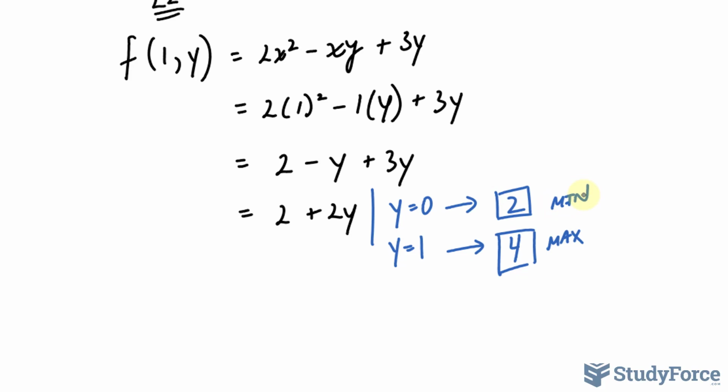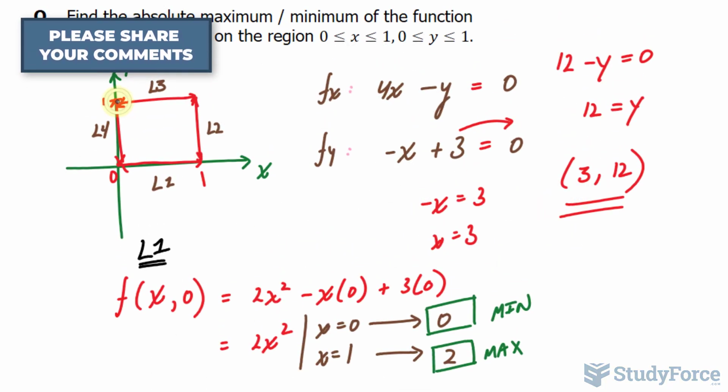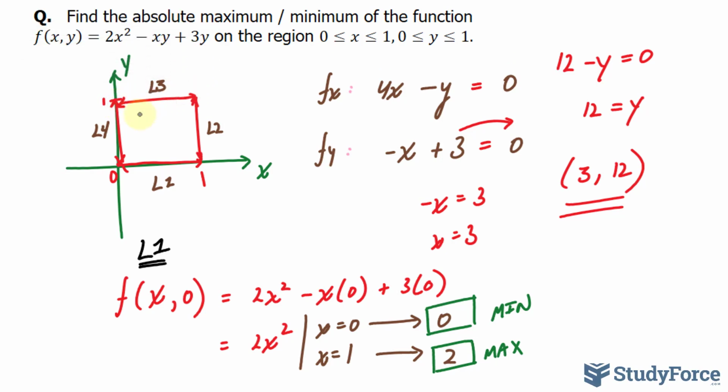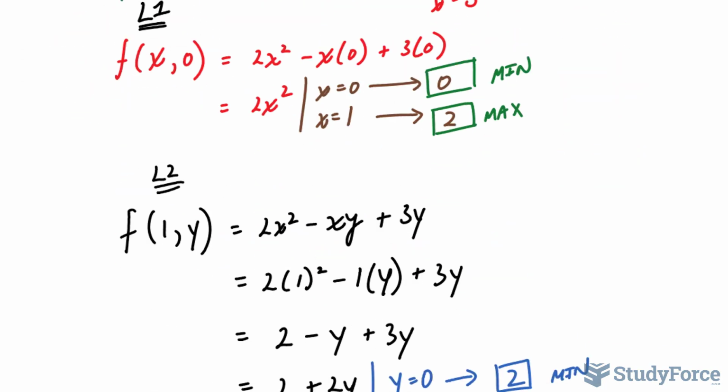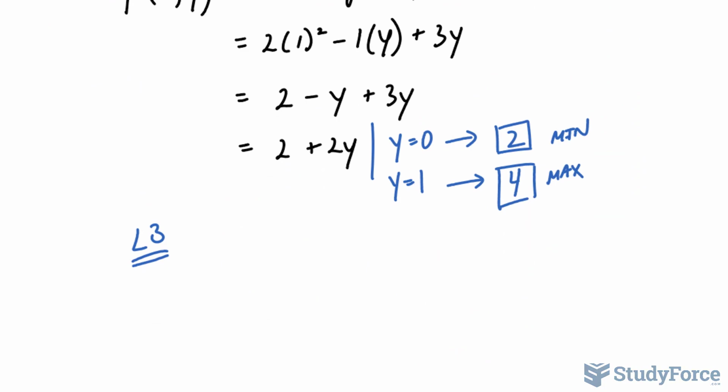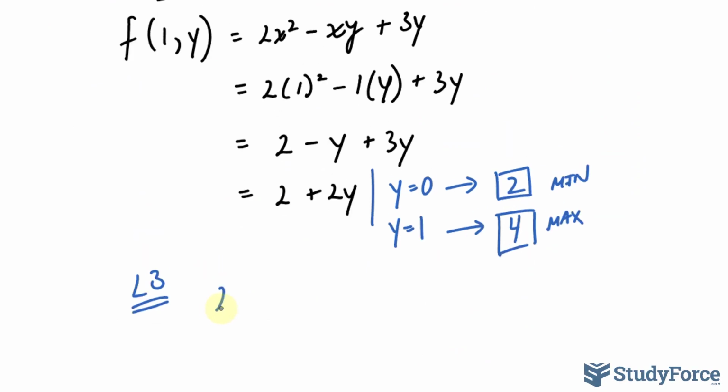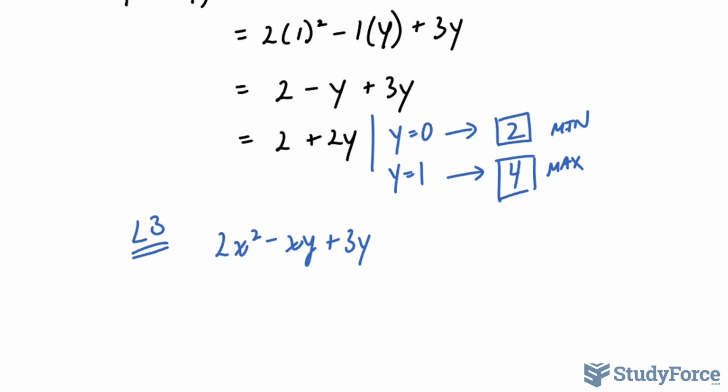Let's do along L3. L3 is from x being equal to 0 to 1 and y is equal to 1. We use the exact same function we started with. 2x squared minus xy plus 3y. And we will evaluate this where we don't know the precise x, but we do know the precise y.